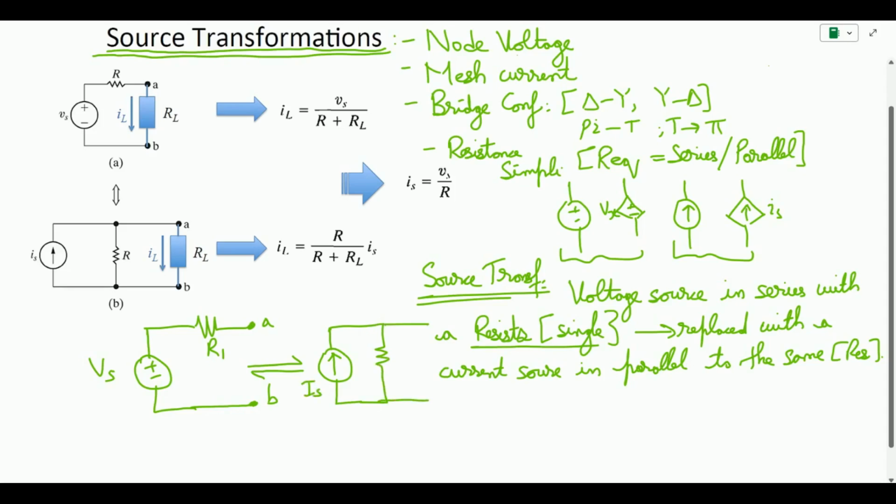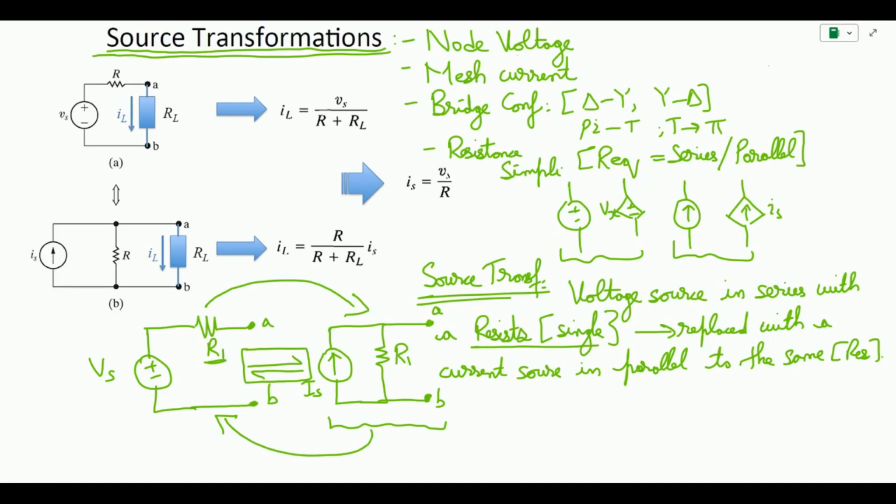This is my current source IS, and the same resistor R1, which was in series with the voltage source, now becomes parallel with the current source, having the same terminals A and B. This is what source transformation means. And if you look closely, I have used a double direction symbol, which means that if I find any current source in this configuration in parallel, I can also transform it back to the voltage source. So if I have a voltage source in series with a resistor, I can transform it to a current source and vice versa.